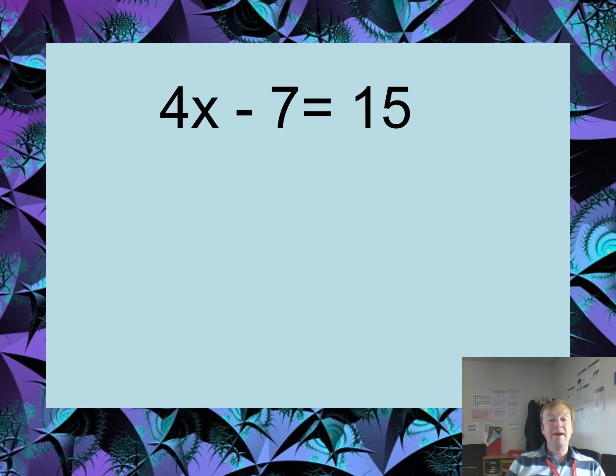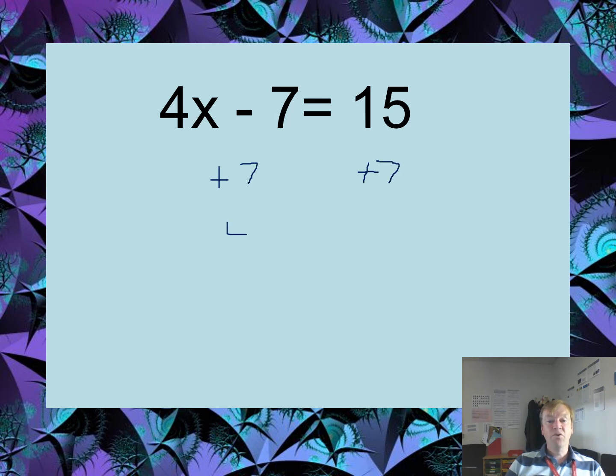Now, another 2-stepper here. Bigger numbers, slightly more tricky. Let's read it through. 4x, that's 4 times x, take away 7 equals 15. Remember, opposite things, opposite order. I'm going to be adding the 7 and then dividing by the 4. So let's do that. Add the 7.